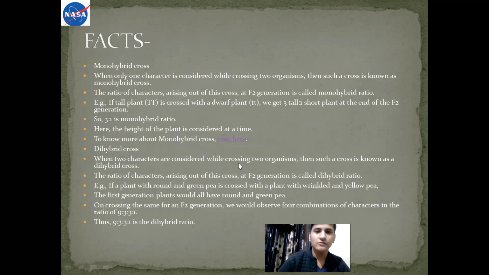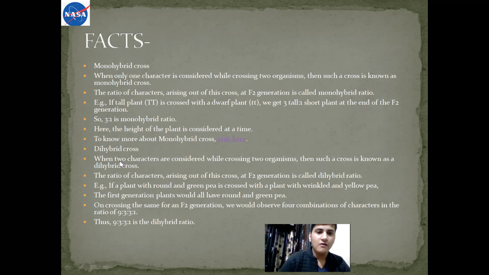Example, if a tall plant TT is crossed with a dwarf plant tt, we get 3 tall and 1 short plant at the end of the F2 generation. So 3:1 is the monohybrid ratio. Here the height of the plant is considered at that time only.